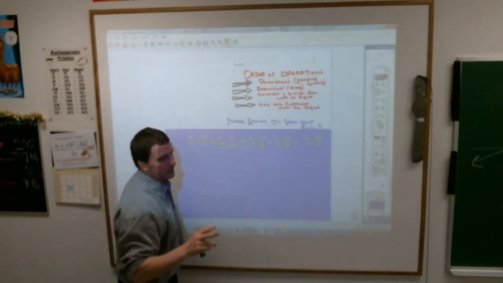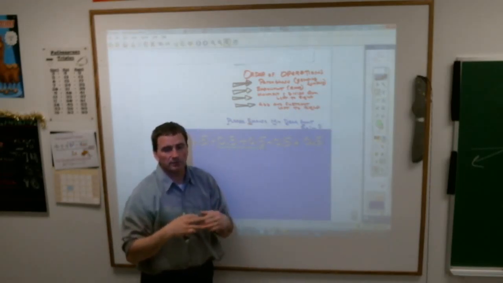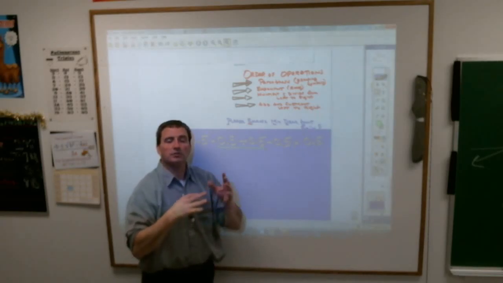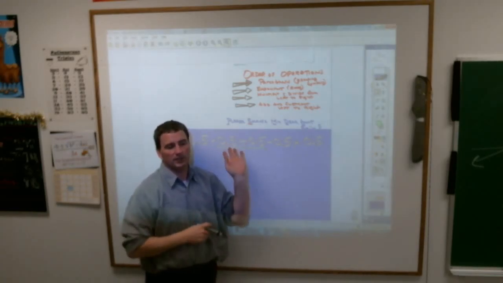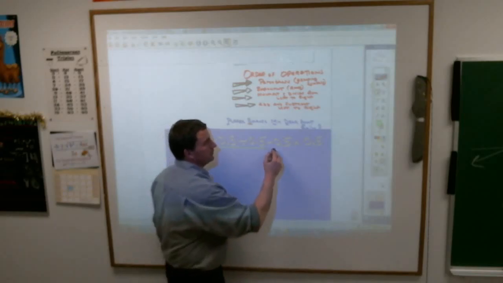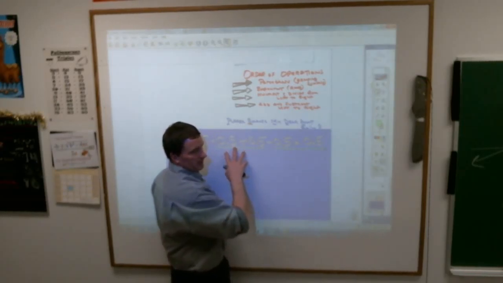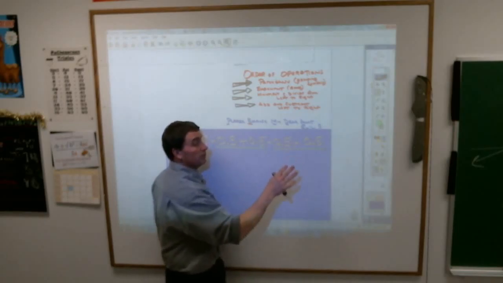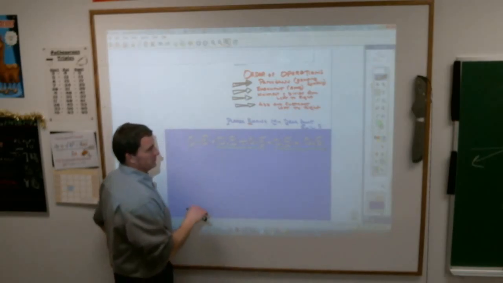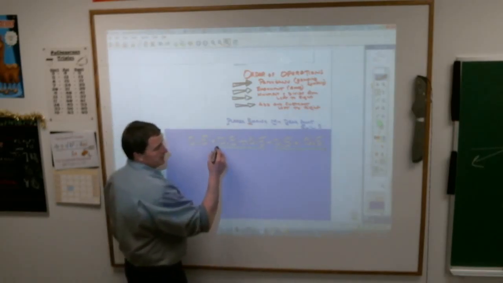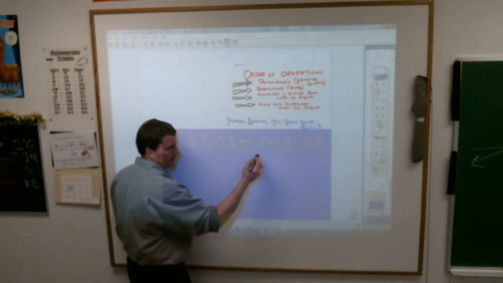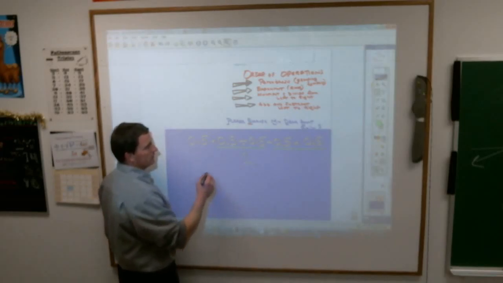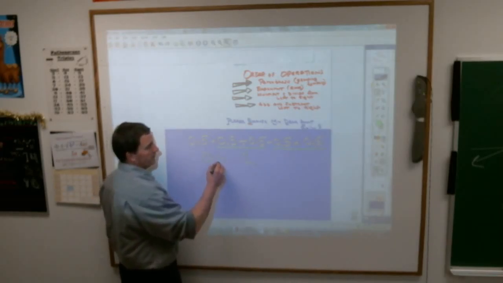Division and multiplication fall on the same level. You work just like you read it. If you've got two that fall on the same level, then you do it from left to right first. So you do the left side one first. In this case, it wouldn't matter, but sometimes it does, so it's a good habit to get into. What is 0.5 divided by 0.5? It's a tough one. 1. Anything divided by itself is 1. I still have this 0.5 here, right?